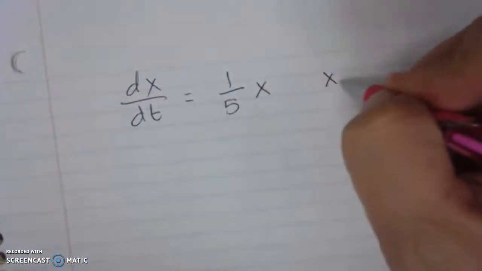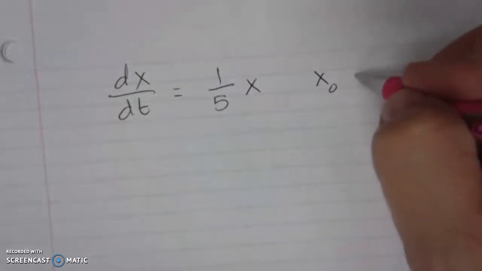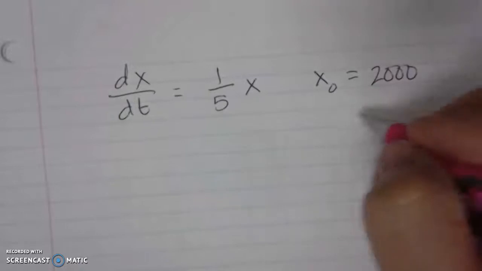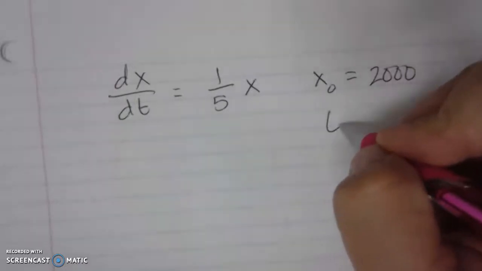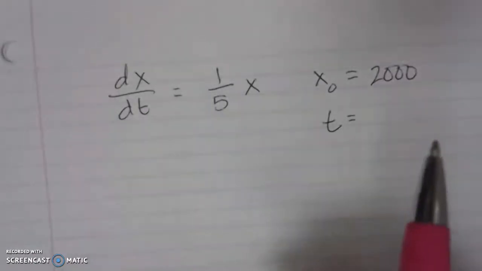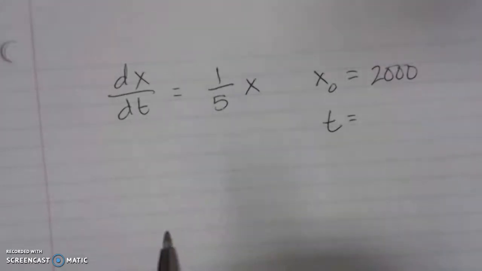And then x sub 0, this is another way of saying the initial value, is, say, 2,000. And then we want to find what was the rate of change? Let me see.